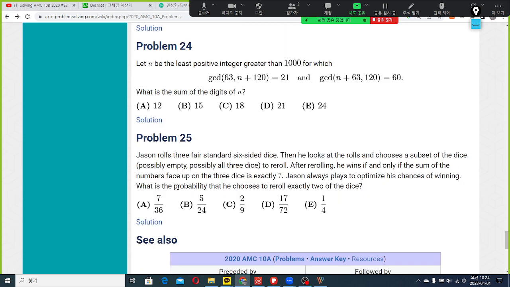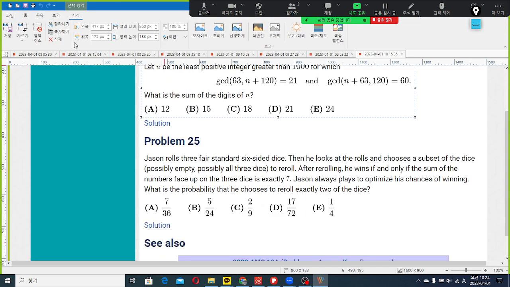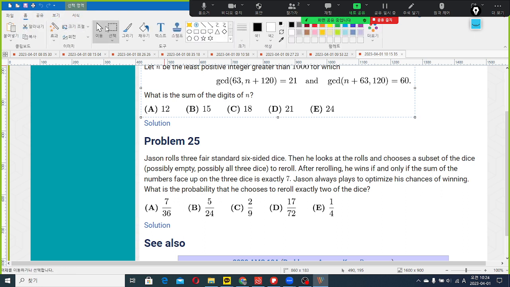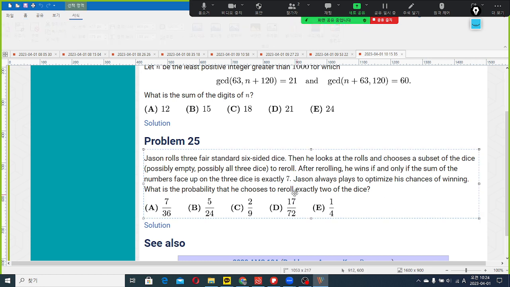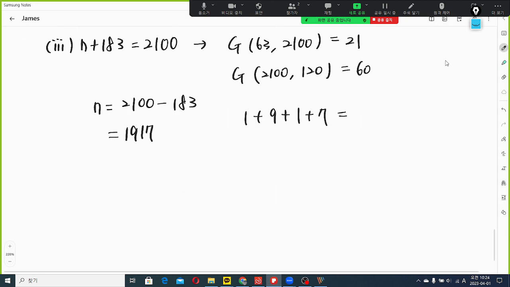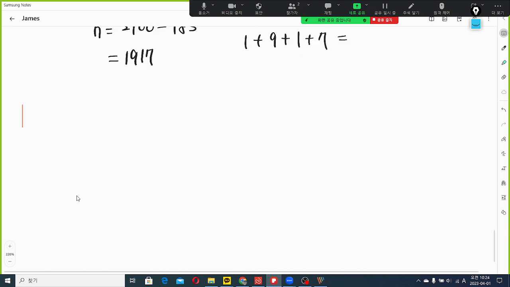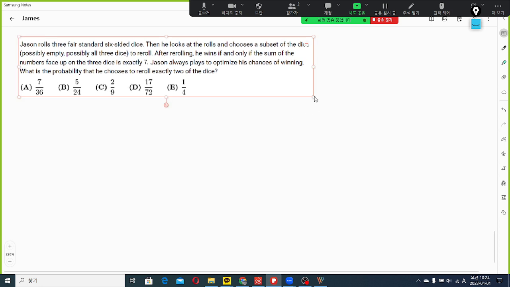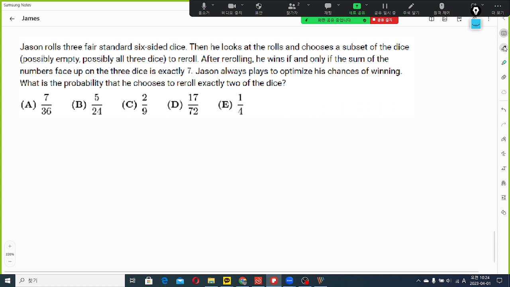And let's go to the last problem of this session. So this problem is not easy to explain.